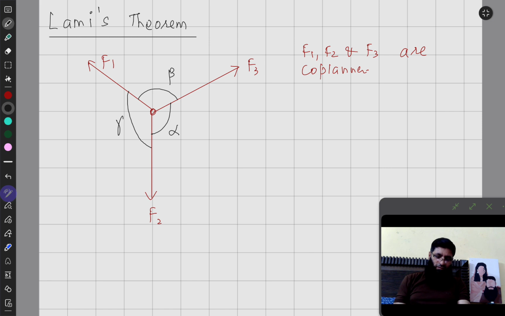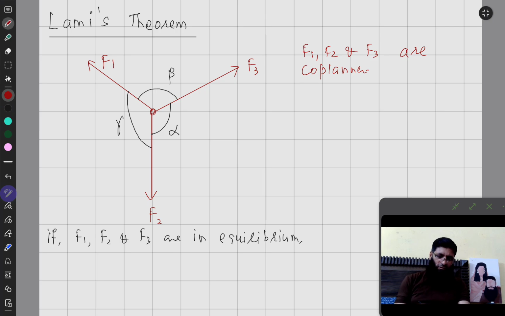Now, if these three forces F1, F2, and F3 are in equilibrium, you can use this formula, which is basically the sine rule of trigonometry.